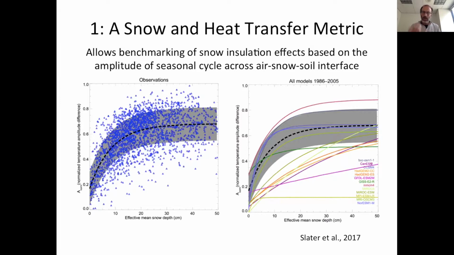A next step, which we haven't done yet, is to make a similar kind of benchmark between the near surface soil temperatures and deeper soil temperatures. I've shown in previous work that models disagree a lot on that, and there are existing data sets out there like Vladimir's data set and other borehole data sets. A key thing now is to get all of this into a metric that we can use to diagnose and benchmark the models.